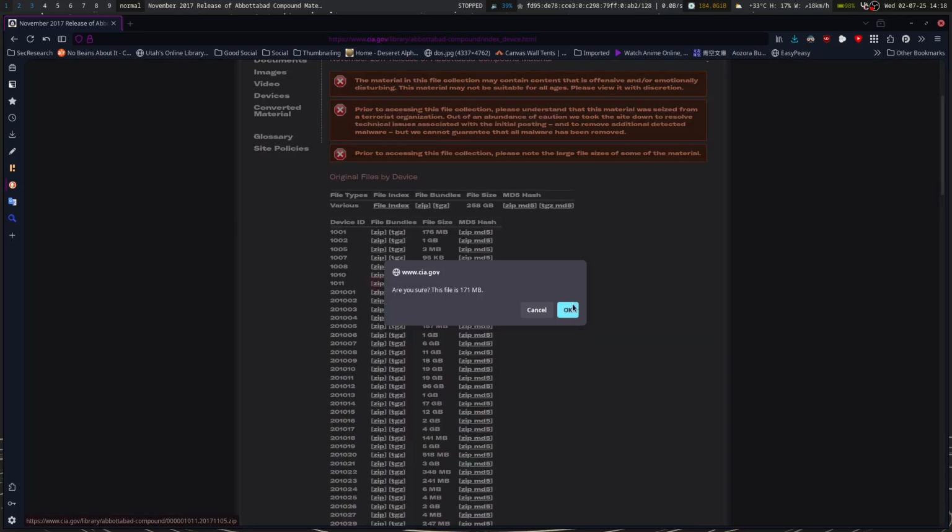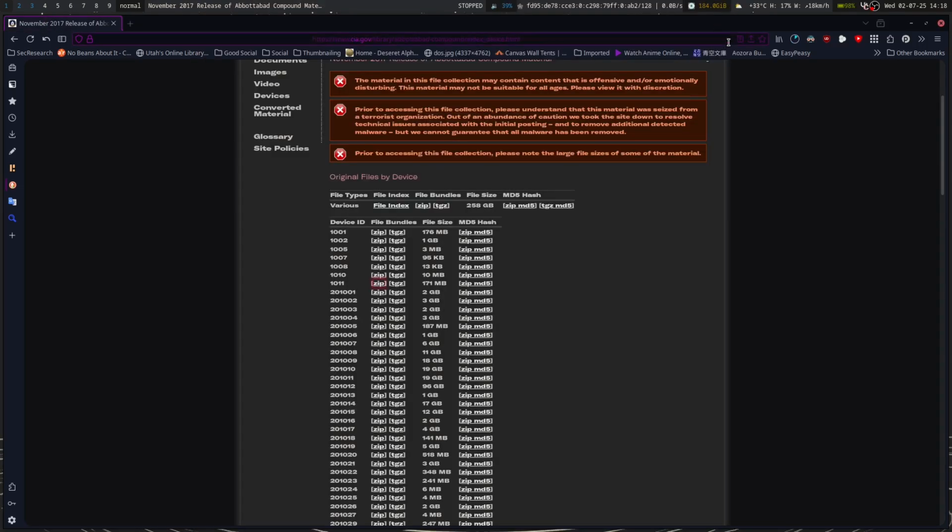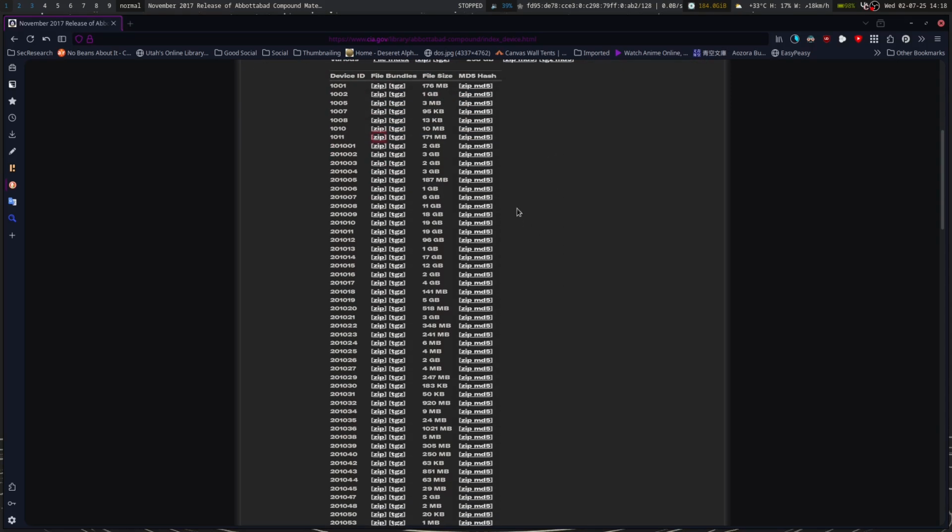Let's pick on that big one. That's 171 megabytes. Pick on the multi-gig ones probably some other time.